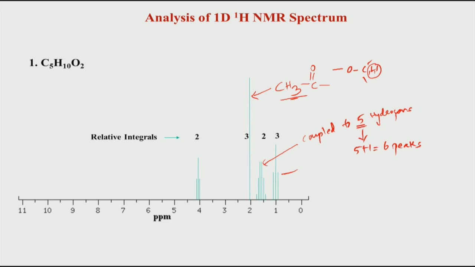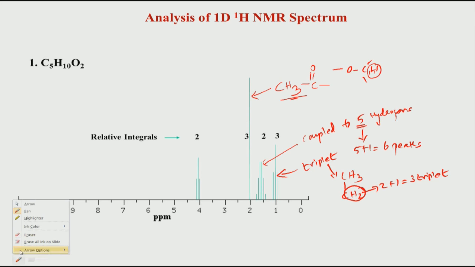And then this one is a triplet. So, what this means is there are 3 hydrogens, meaning CH3, and it could be coupled to a CH2, and because of this, 2 plus 1 equals 3, a triplet.